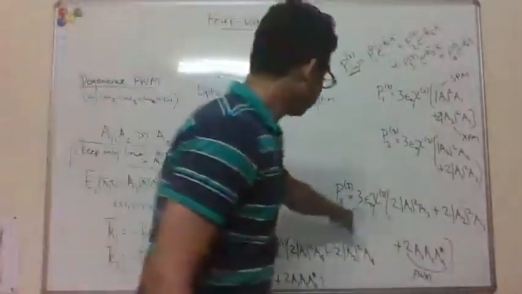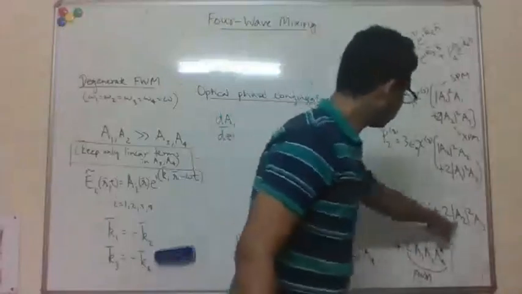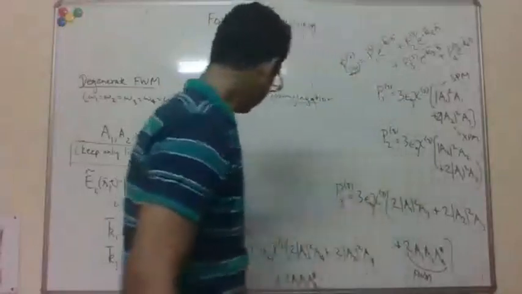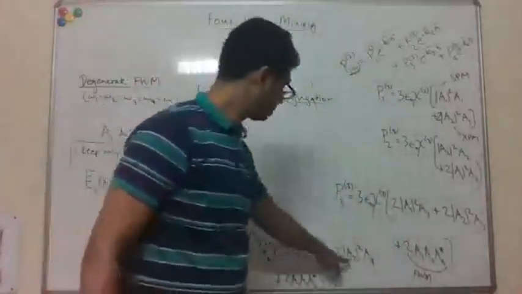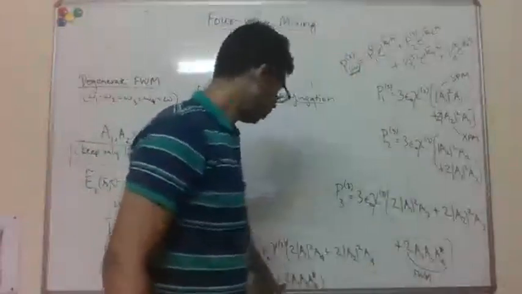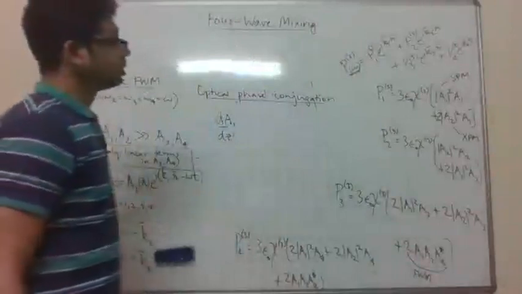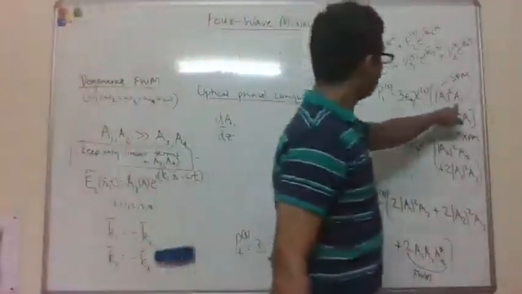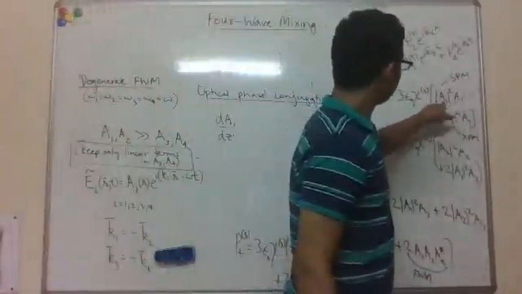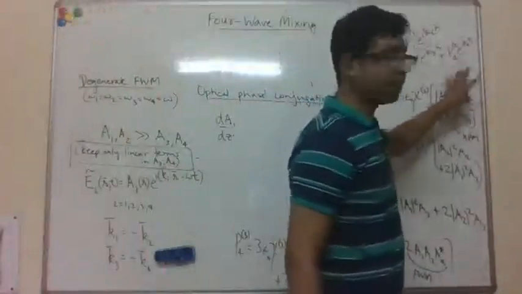Okay, so P3 will have only 3 terms: the cross-phase modulation from the pumps, and then the four-way mixing term. Similarly, P4 will also only have 3 terms: the cross-phase modulation from the pumps, and the four-way mixing. You could have written other terms also, like mod A1 squared A2 conjugate, but that's at frequency minus omega.